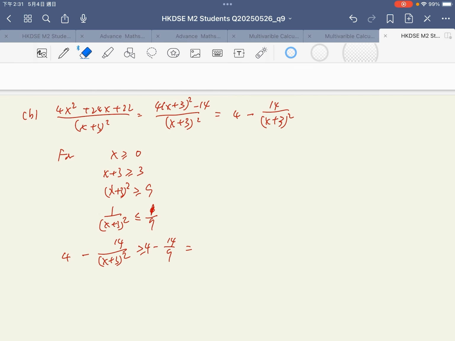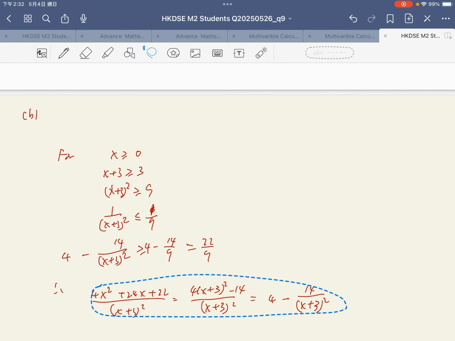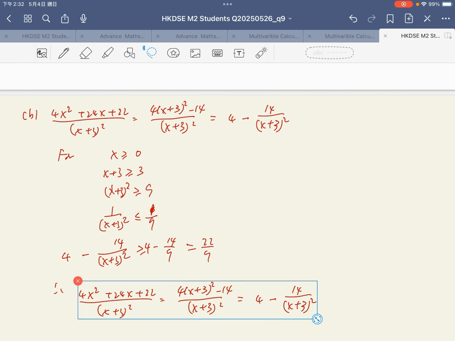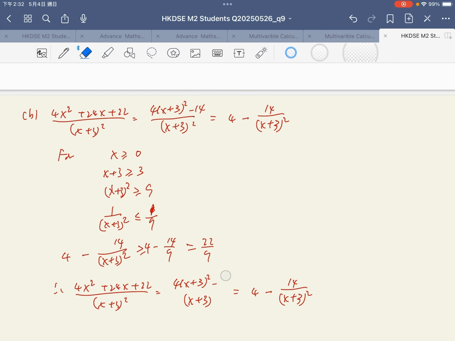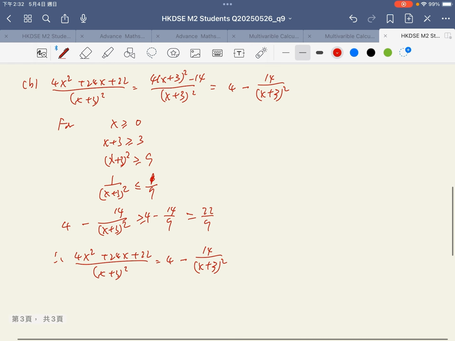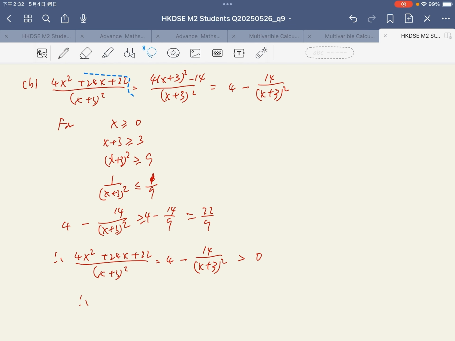It is equal to 4 minus 14 over 9, which is 22 over 9. That means this one is greater than 0.